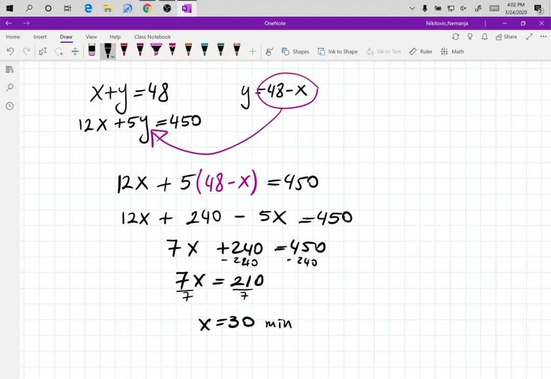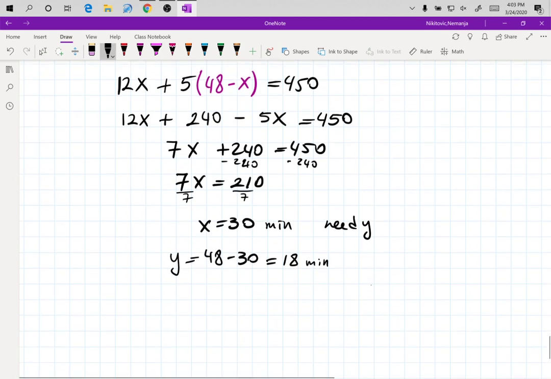So the first exercise took 30 minutes. So now we need y. Well, luckily we know that total time was 48 minutes. So when you take away 30 minutes, that means you were 18 minutes on that stationary bicycle getting nowhere, right?